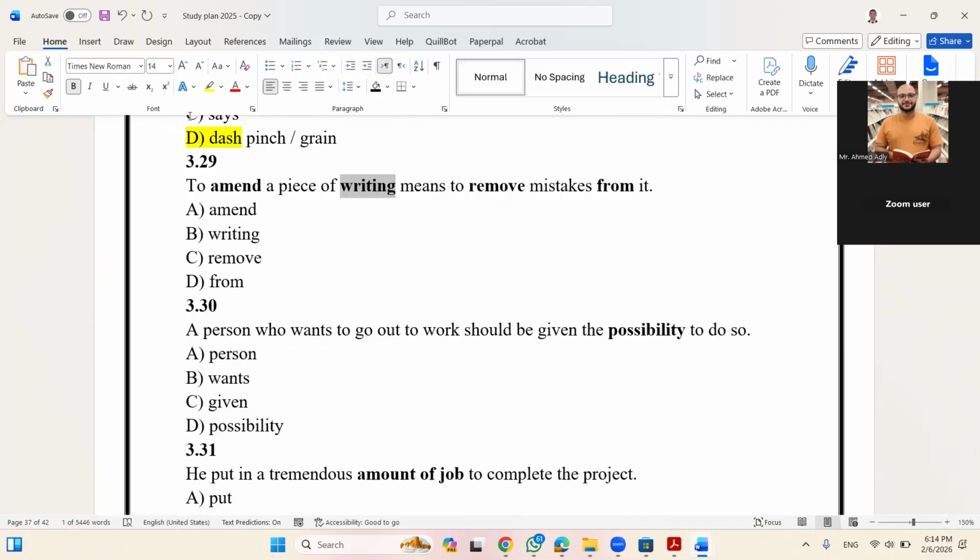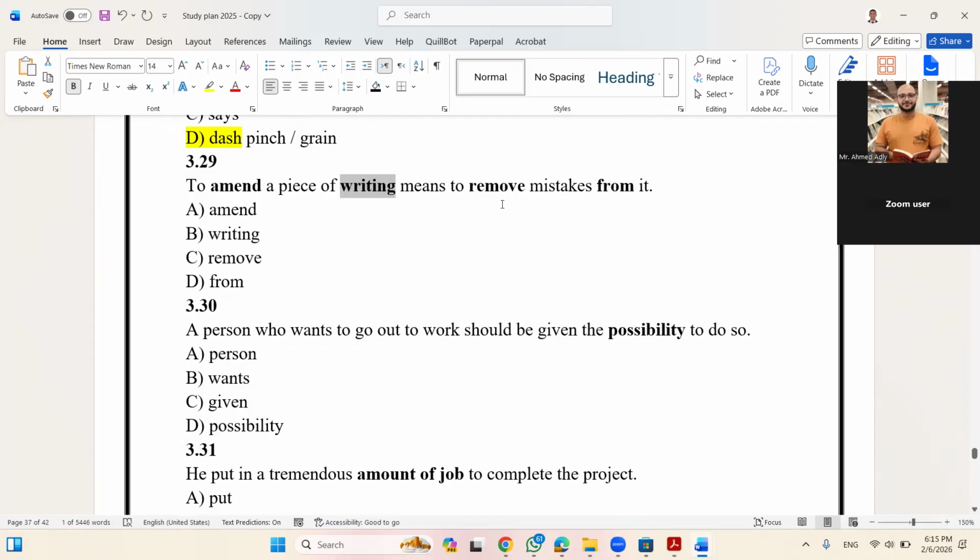To remove is wrong? Nope. But okay, if you want to replace remove, it means to fix mistakes from it. The problem here is that we don't say amend a piece of writing.